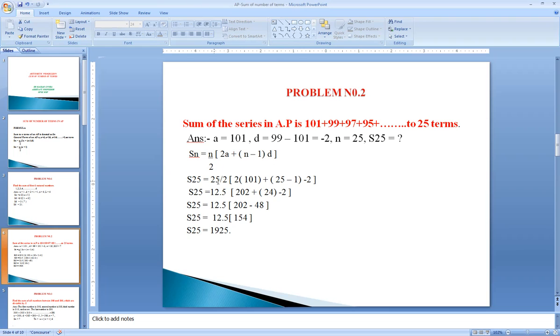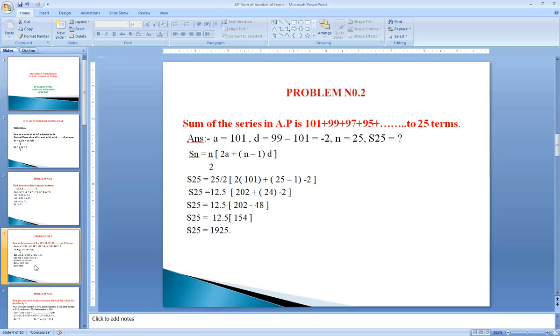So S25 equals 25 divided by 2, which is 12.5, into 2 into 101, which is 202, plus 25 minus 1, which is 24, into minus 2, which is minus 48. So S25 equals 12.5 into 154. The value of S25 is 1925. So this is how we can calculate the value of 25 terms. The total value of 25 terms, if you keep on adding, is 1925.